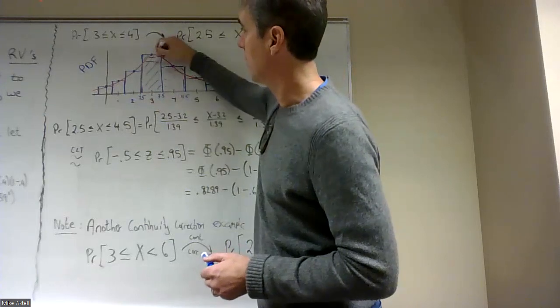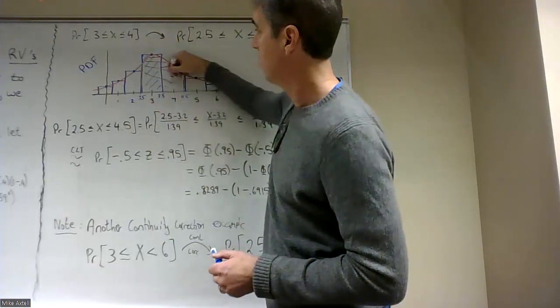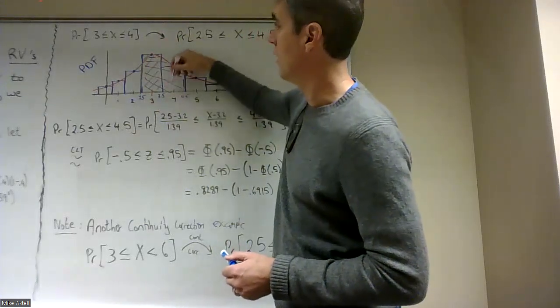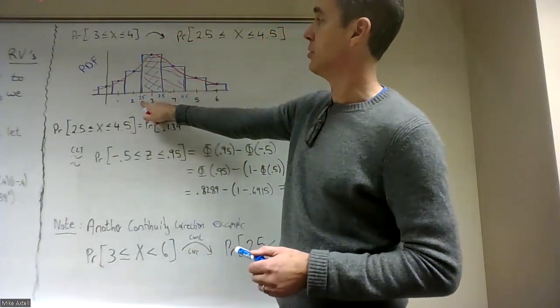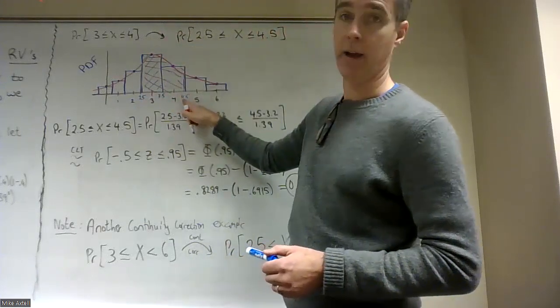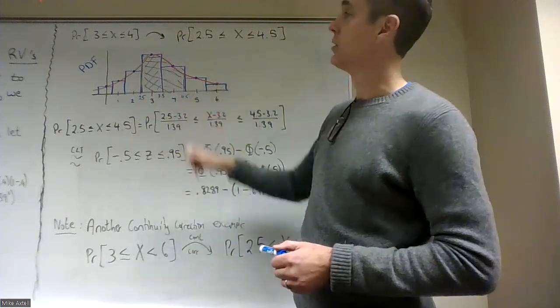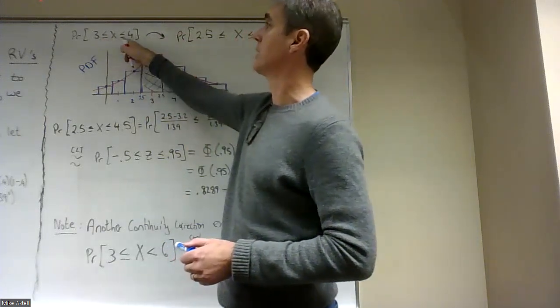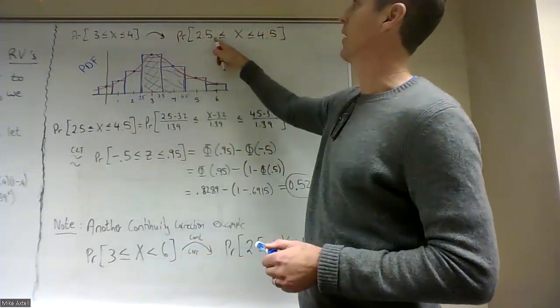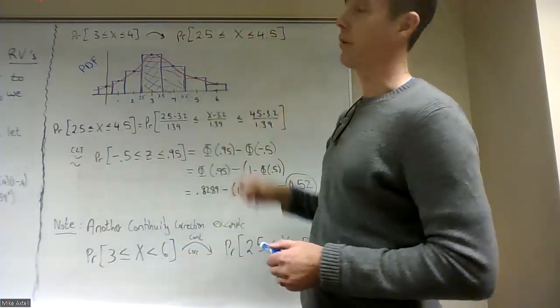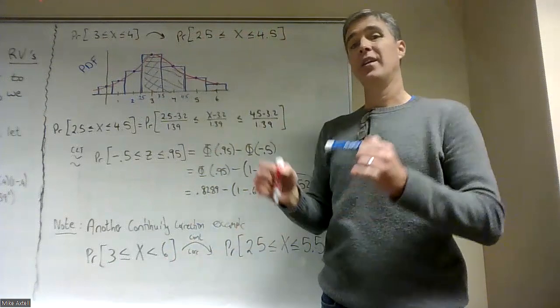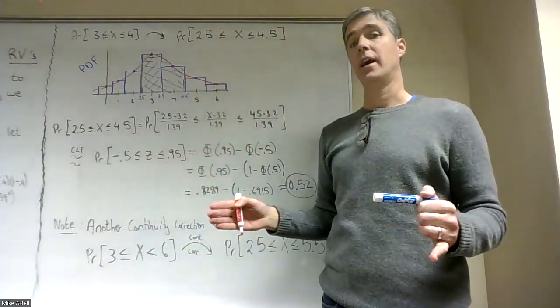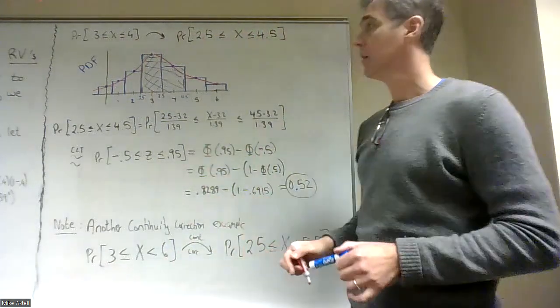So I need to approximate that area in red. And that runs from 2.5 to 4.5. So that's why I made the move. Instead of 3 less than or equal to x less than or equal to 4, I moved it to 2.5 less than or equal to x less than or equal to 4.5. So I've got to include the half unit extra on either side, okay?